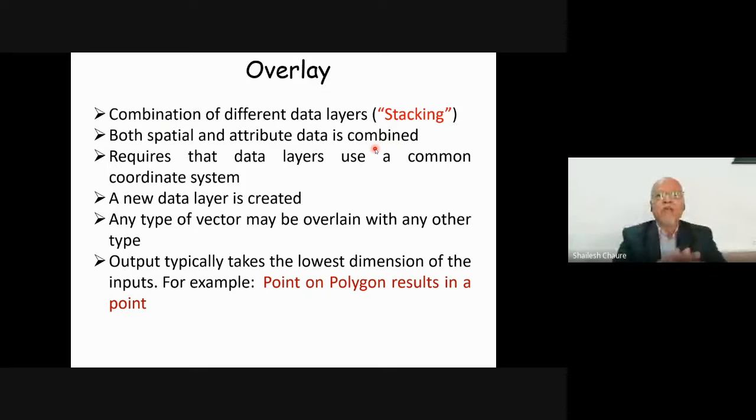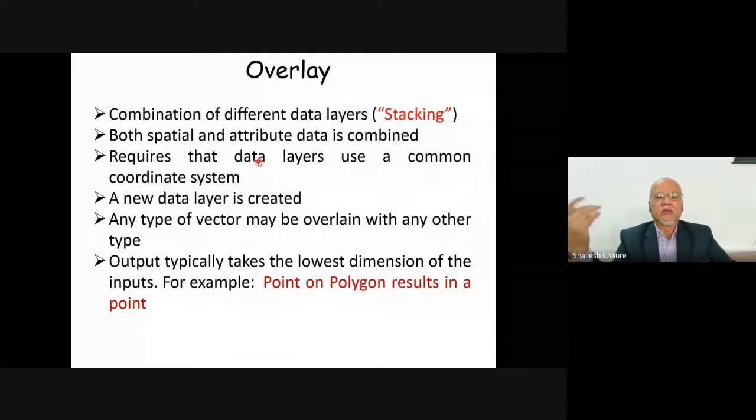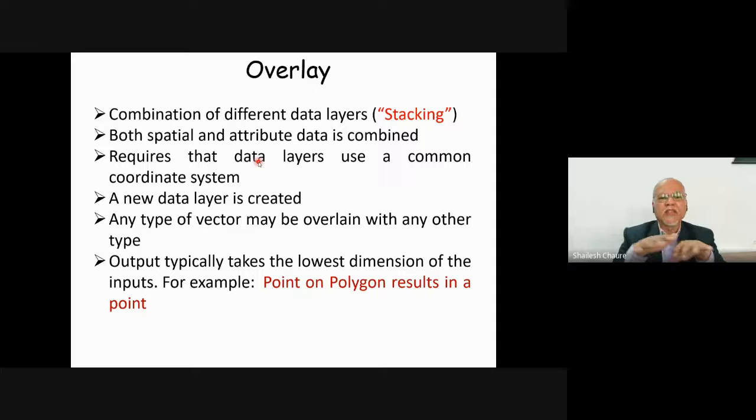Once we say overlay, we are performing some kind of operation between the two layers, and as a result of that, a new layer is created. Both spatial and attribute data are combined, which requires that data layers use a common coordinate system. Of course, if one is in EPSG 4326 and the other is in some other coordinate system, they will not match, they will not overlay.